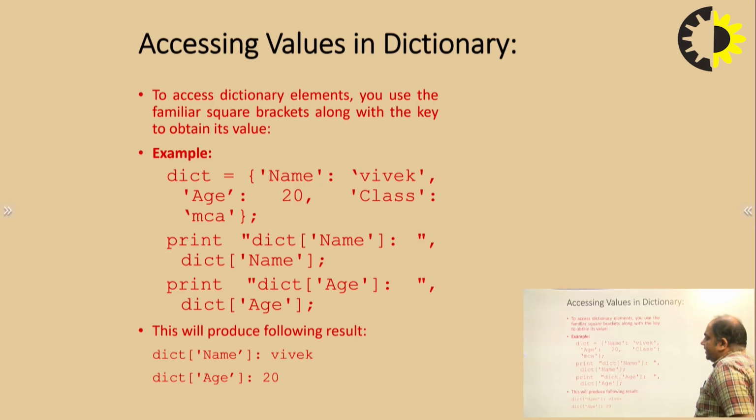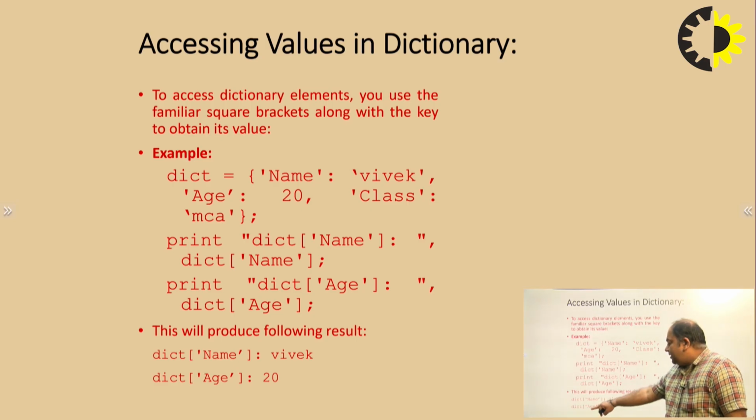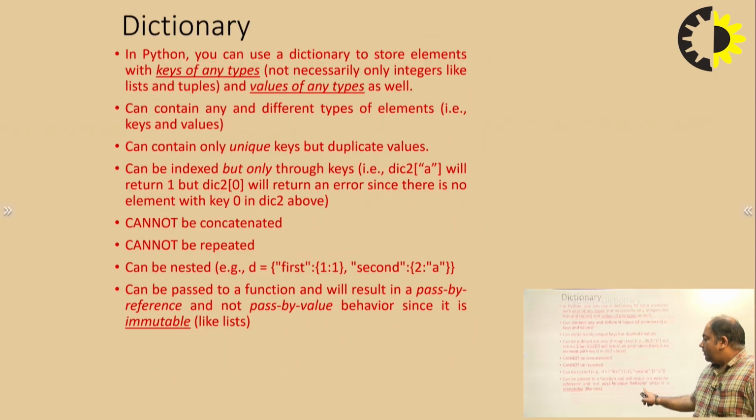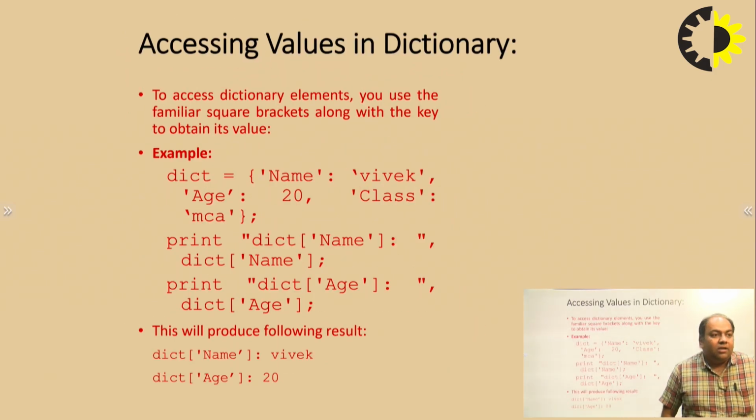So I write print DICT name or print DICT age. It will print Vivek and 20, the name and the age values from the dictionary.